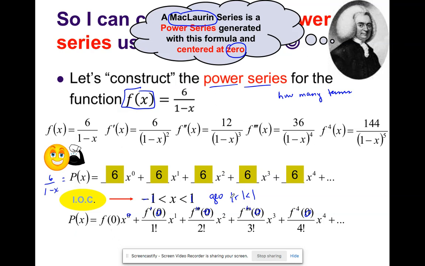The truncated polynomial is approximately equal to however many finite terms, so maybe 6 plus 6x. This function is approximately equal to its tangent line, right?